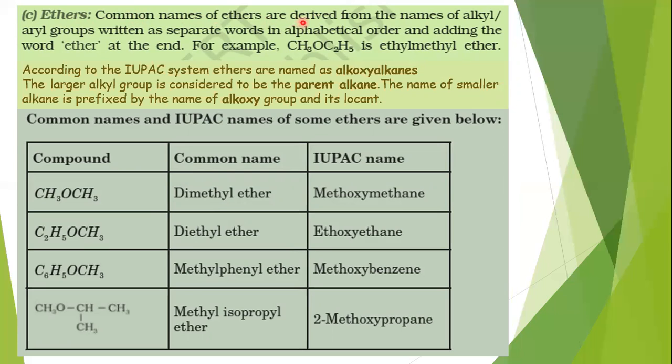Common names of ethers are derived from the names of alkyl or aryl groups, written as separate words in alphabetic order, followed by the word ether at the end. For example, this is the compound CH3OC2H5.